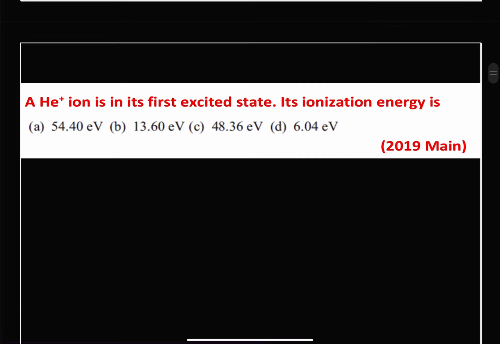It states that a helium-1 positive ion is in its first excited state. Its ionization energy is.